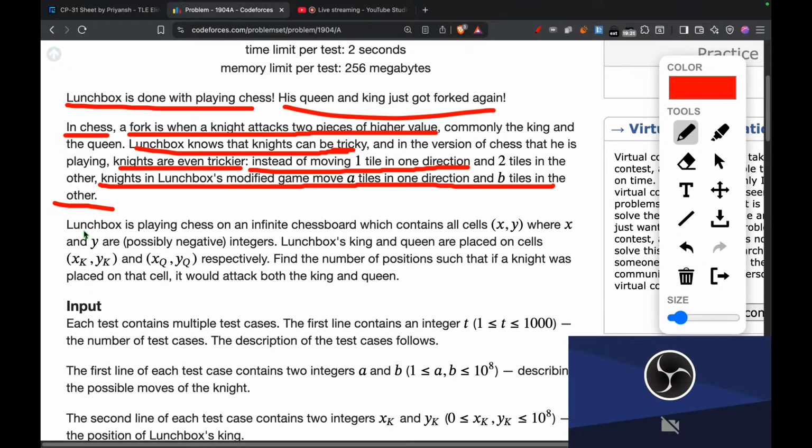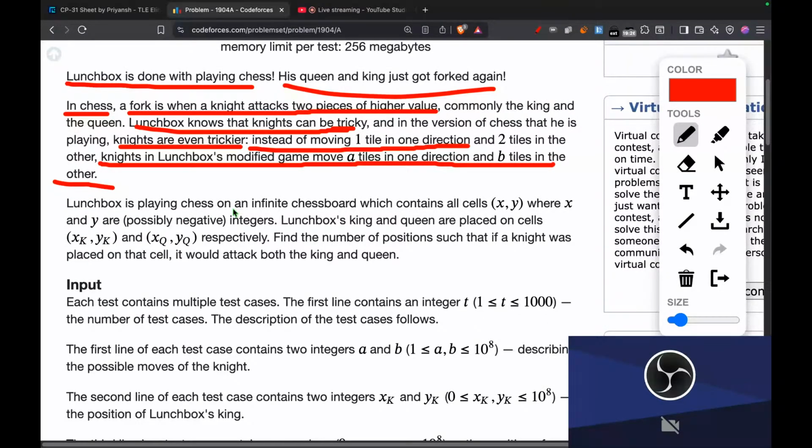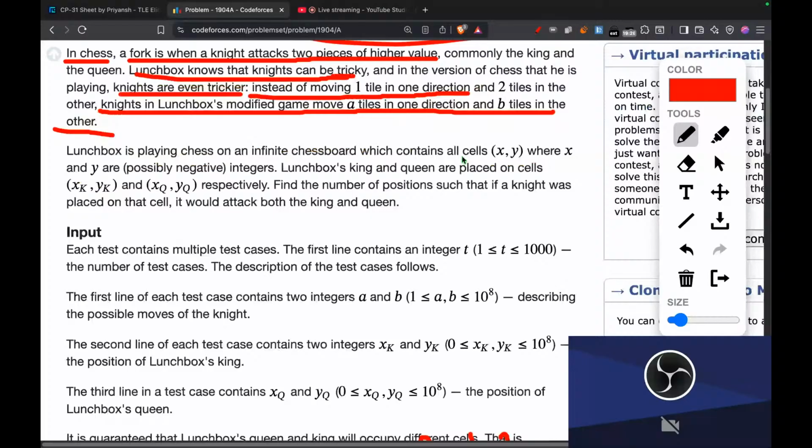So Lunchbox is playing chess on an infinite chessboard which contains all cells (x, y) where x and y are possibly negative. हाँ, negative हो सकते हैं, that's not a problem. Lunchbox's king and queen are placed on cells (xk, yk) and (xq, yq), the indices of the king and queen respectively. Find the number of positions such that if the knight was placed on that cell, it would attack both the king and queen.